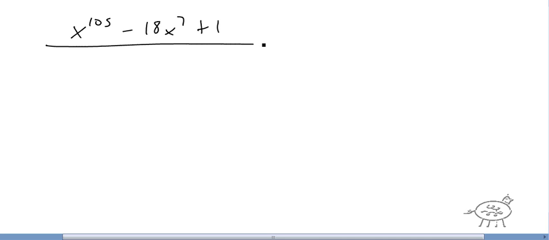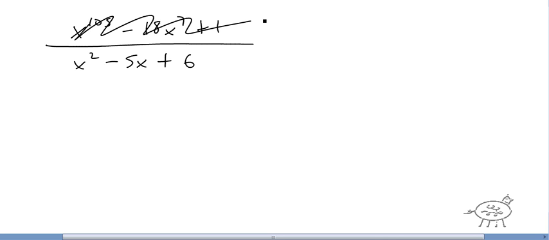Okay, so here's another one. X to the 105 minus 18x to the 7th plus 1 over x squared minus 5x plus 6. Okay, so again, you look at the top and you go, oh man, it's brutal, but I don't care about it.